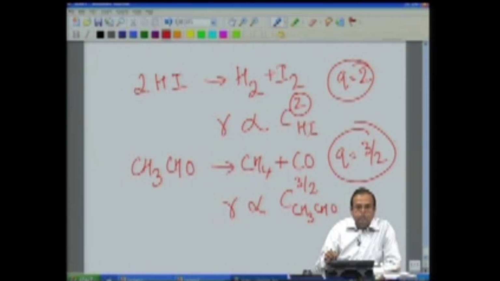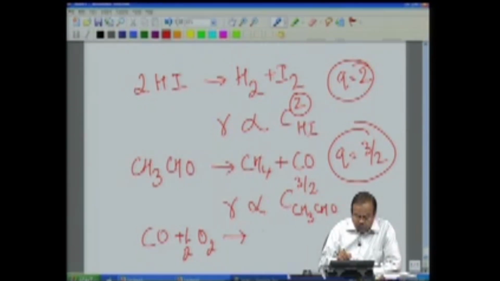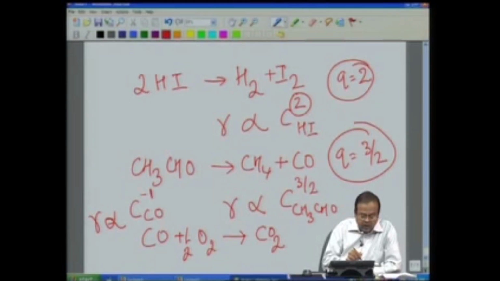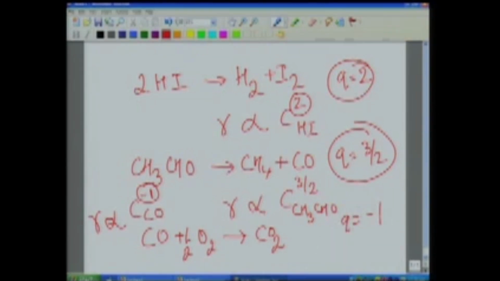Do they have to be positive numbers? Not necessarily. For example, if you look at reactions such as oxidation of carbon monoxide to carbon dioxide, under certain conditions for this reaction the rate is proportional to concentration of carbon monoxide raised to minus 1, or in other words the order Q is minus 1, that is, it can be negative numbers.